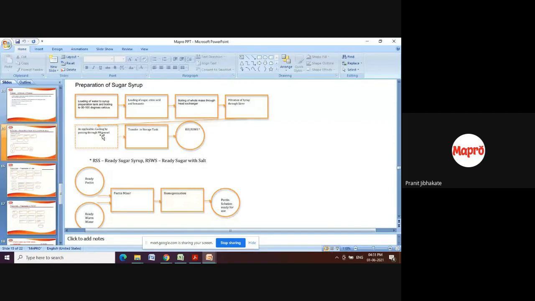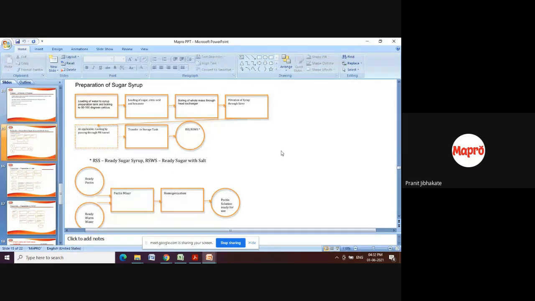Okay, so loading of water to syrup preparation tank and boiling to 90 to 100 degrees Celsius, as you can see here. Then loading of sugar, citric acid, and benzoate. We are adding citric acid in preparation of sugar syrup, but not in full amount. This citric acid we are adding to clarify the sugar syrup and to maintain the inversion percent.